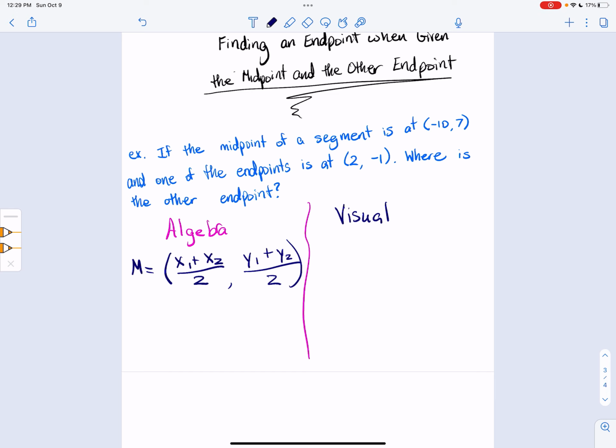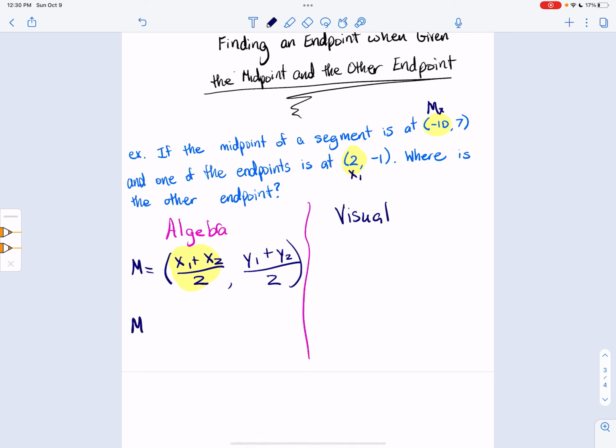All right, so now let's first focus on the x's. We have the formula for the midpoint x. I'm going to call this mx, the midpoint of x for short, and I'm going to call this x1 for short, the first x.